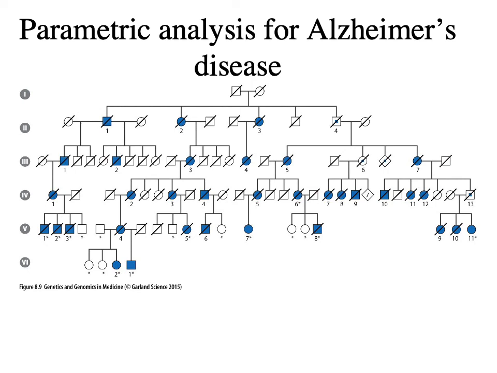Parametric linkage analysis has been very successful in mapping the genes for Mendelian disorders, but it has been more limited in applicability in complex disease because of the general difficulty in providing all of the required parameters.